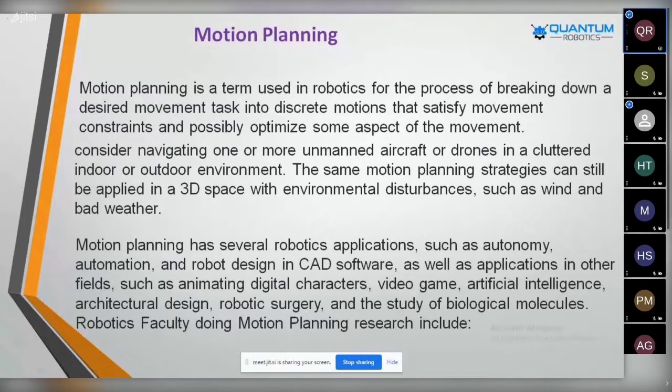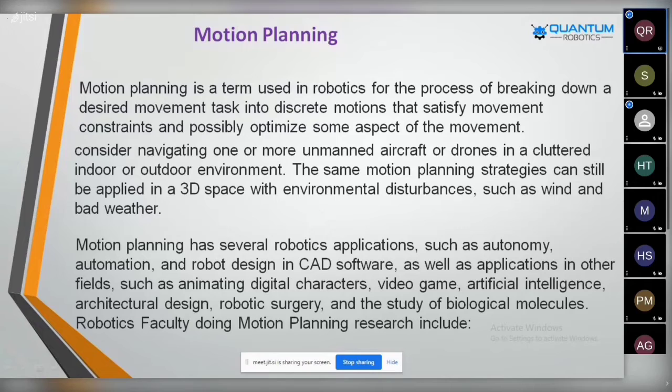There are also applications in other fields such as animation, digital characters, video games, artificial intelligence, architectural design, robotic surgery, and the study of biological molecules, which robotics facilities doing motion planning research include.